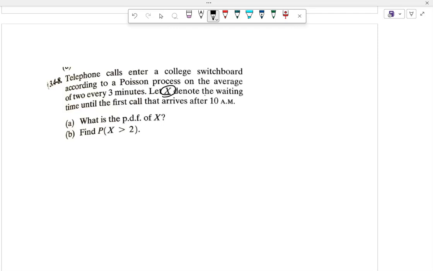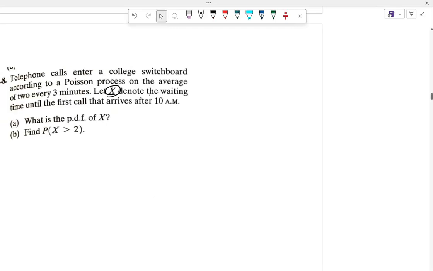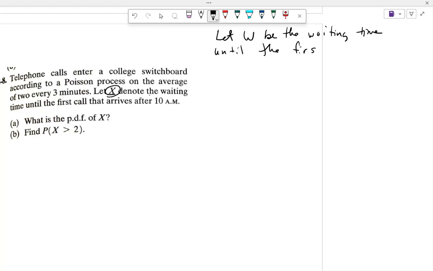Okay, all right. So let's let, I believe your book starts with a W, so I'll do a W. Let's let W be the waiting time until the first occurrence of a Poisson process.